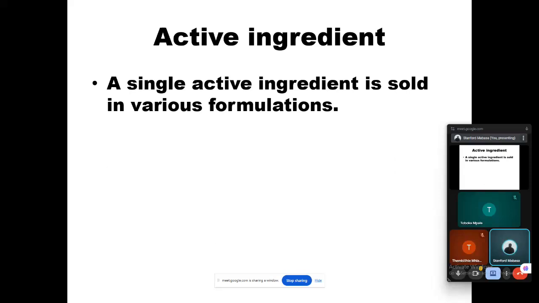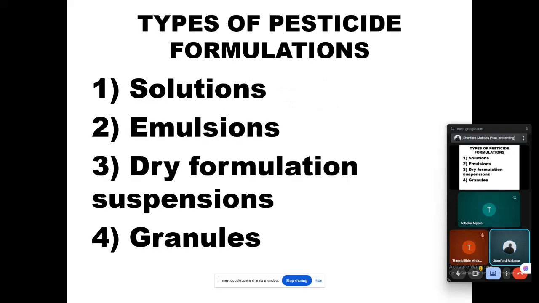A single active ingredient is sold in various formulations. So what are the types of pesticide formulations? Some of them we are going to focus on. Basically, there are four.